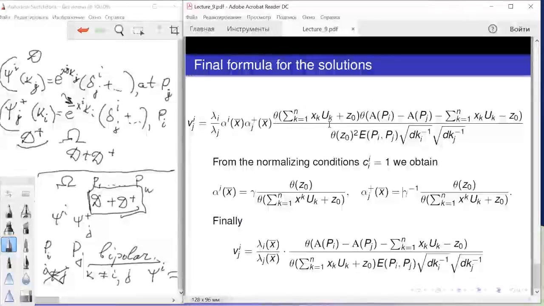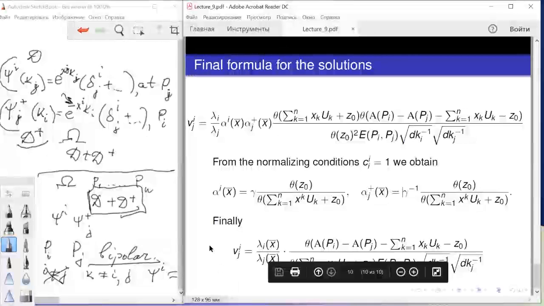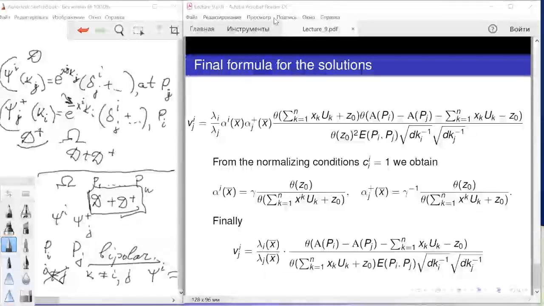The first theta factor in the denominator contracts with one of these two in the denominator, and finally we obtain this final formula for our solution via theta functions and prime form.